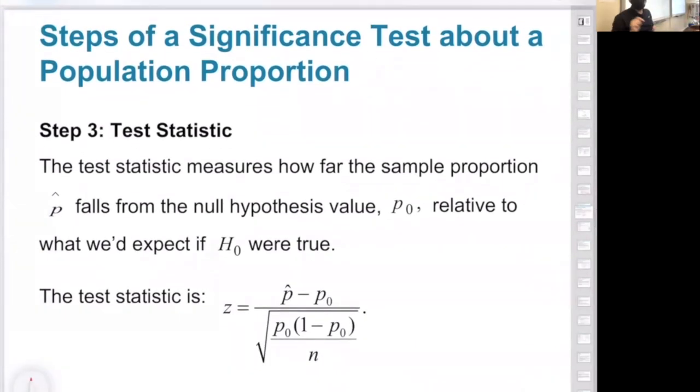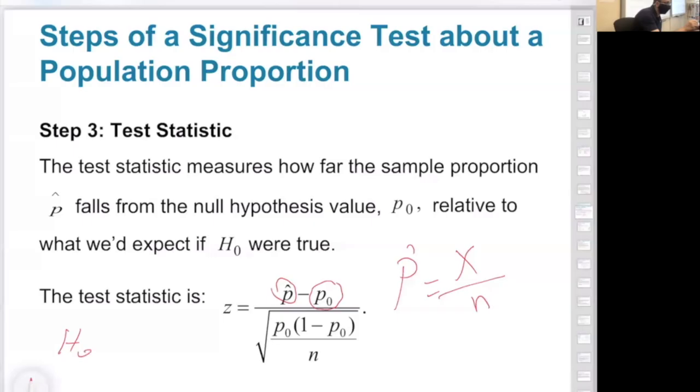The test statistic varies from one test to another based on the population parameter we are interested in. Because we are interested here in the population proportion, our test statistic is Z. And the Z here is P hat, if you remember, X divided by N, where X is the number of successes and N is the sample size, minus the hypothesized value of P, which we can find from H naught.